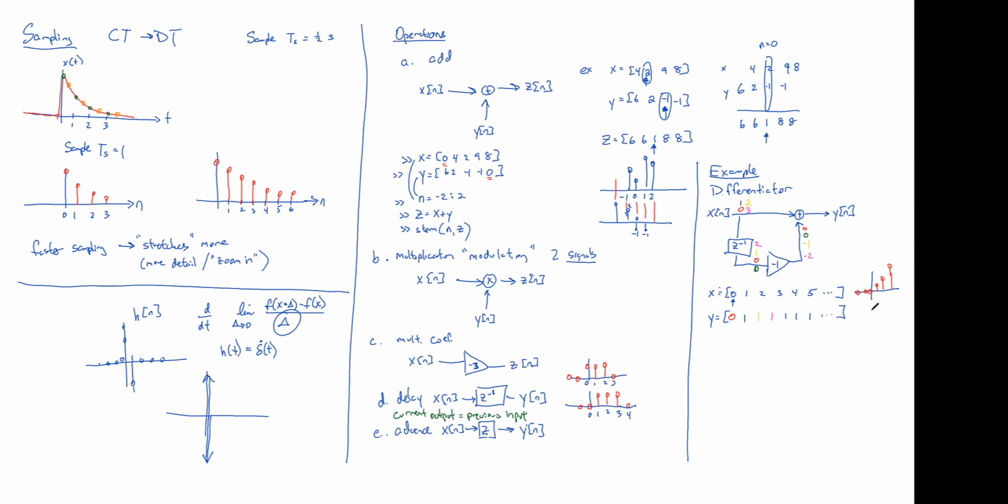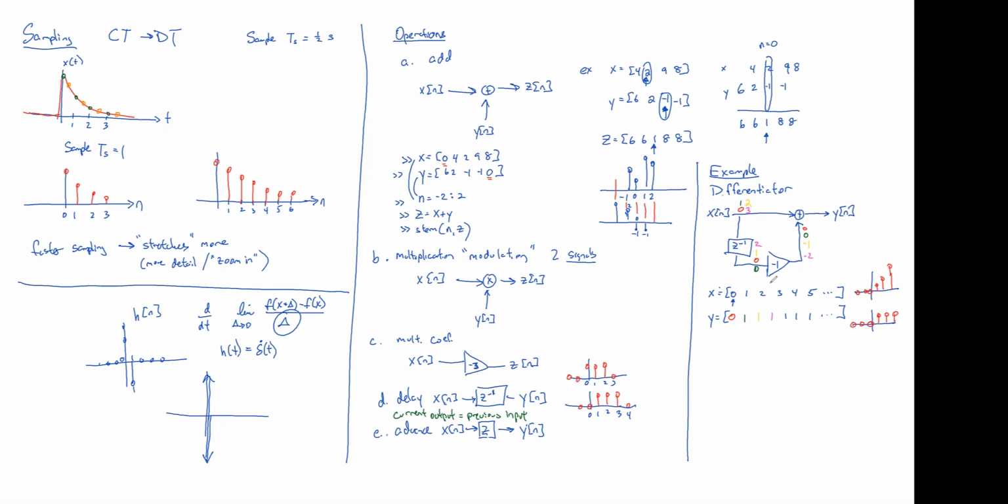So our output looks like this. And if you ask yourself, what is the derivative of this? The slope here is always 0. It's 0. The slope here is a straight slope of 1. So it's 1. So this is a discrete time derivative function.